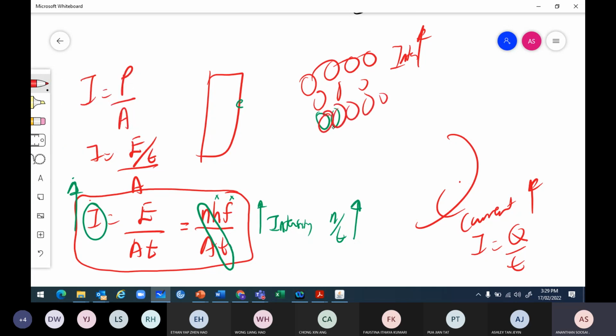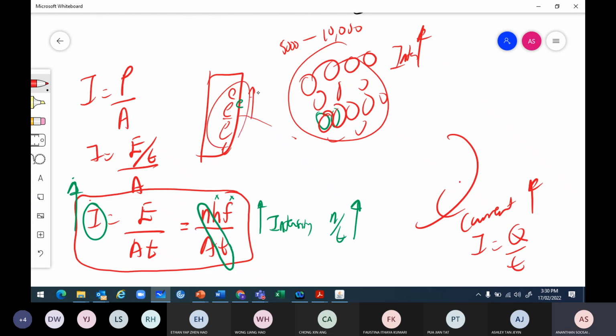You get more packets of energy. So if we have more photons, let's say the photons increase from 5,000 to 10,000 photons, 10,000 electrons will be released at the same time. So more photons means more electrons released. More electrons released means more current. Current is rate of flow of charge, right?